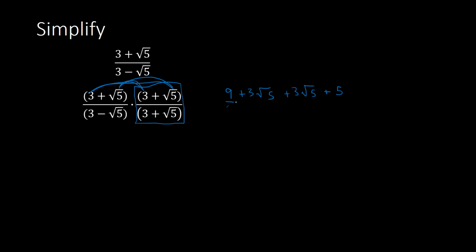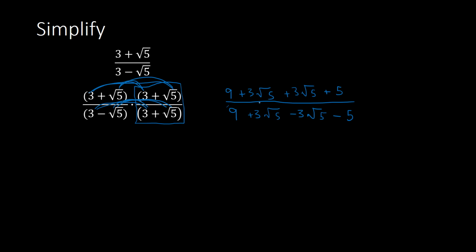And then the denominator, you would have 3 times 3 gives you 9. 3 times square root of 5 gives you a 3 square root of 5. Negative square root of 5 times 3 gives you a negative 3 square root of 5. And negative square root of 5 times a positive square root of 5 would give you a negative square root of 25, which would just be 5.